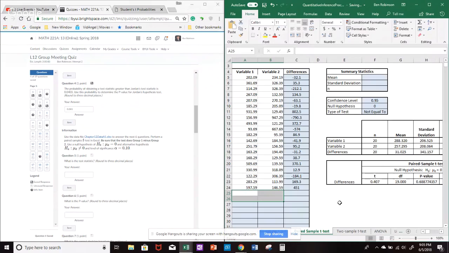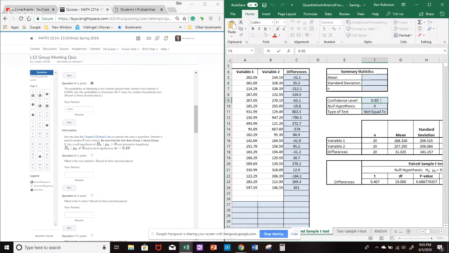Be sure that the test does group 1 minus group 2. Use a null hypothesis of 0, and the alternative hypothesis is the mu of the pairs is not equal to 0, and level of significance equals 0.10.